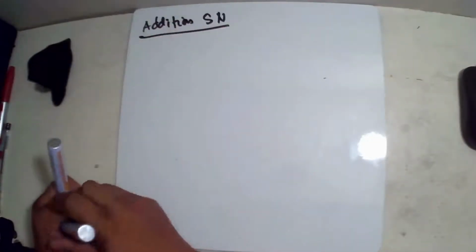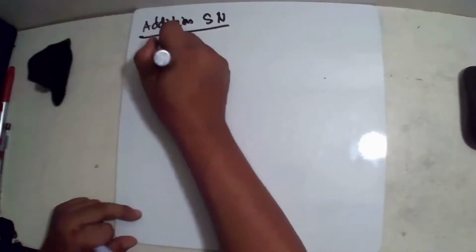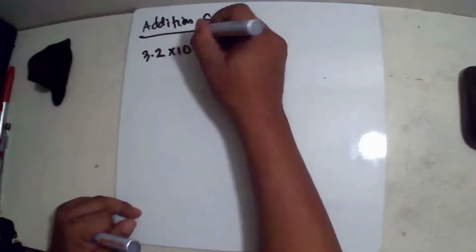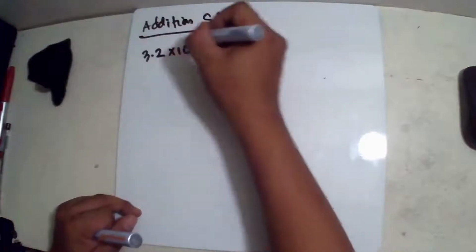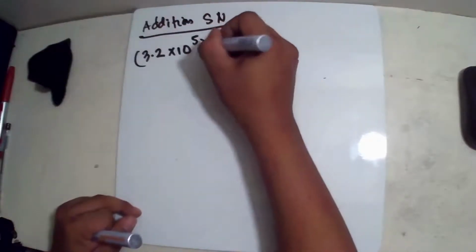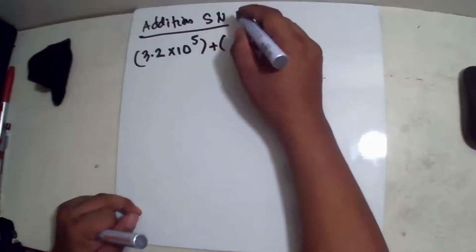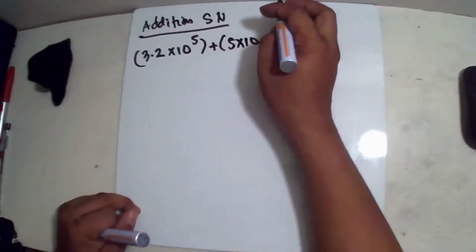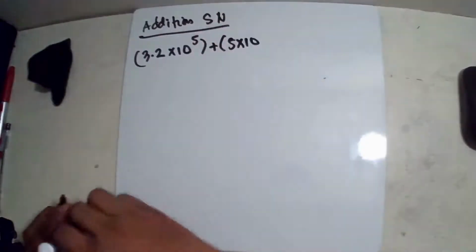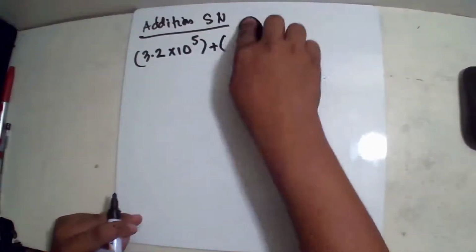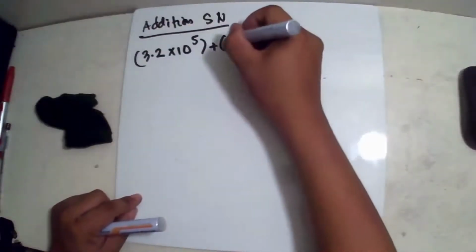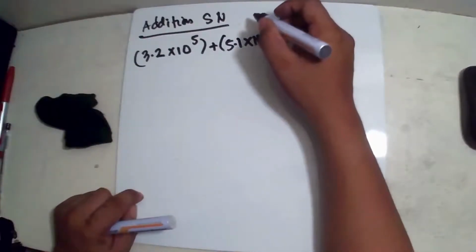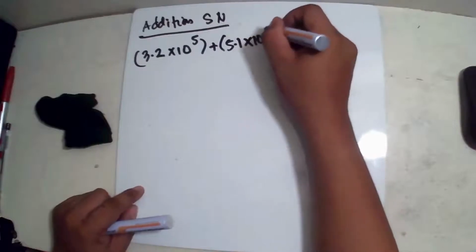We have 3.2, for example, times 10 raised to 5, and this will be added to 5.1, let us say 5.1 to be patterned on the first series, so 5.1 times 10 raised to 4.